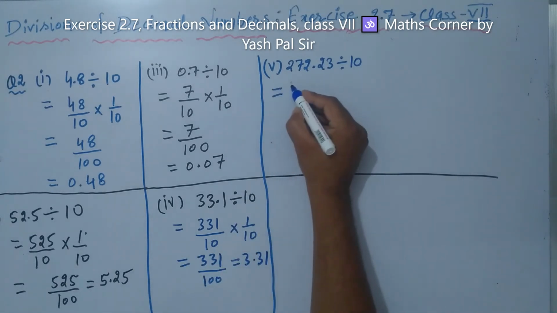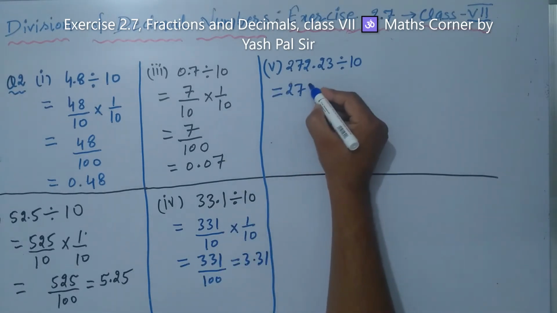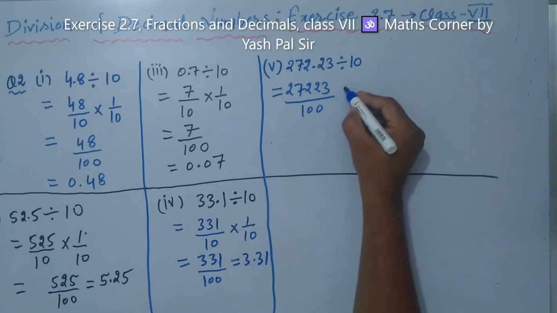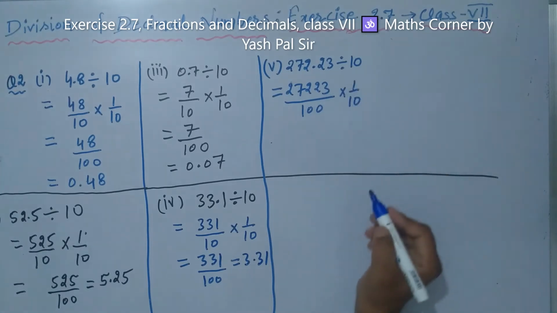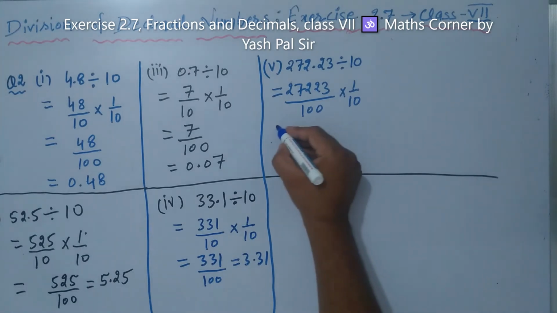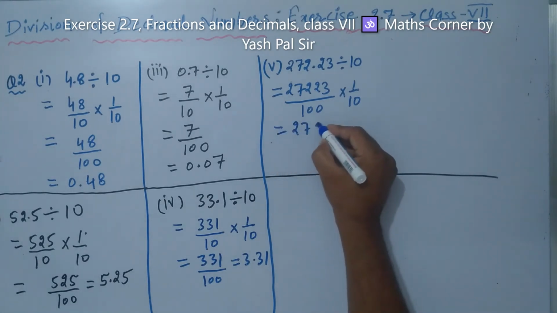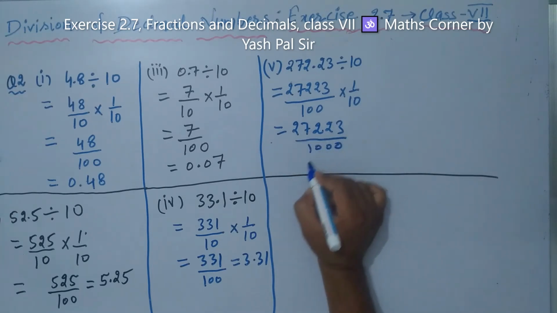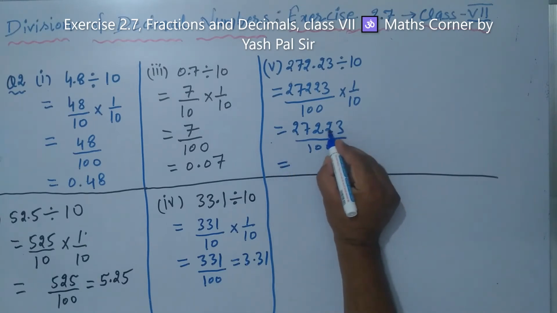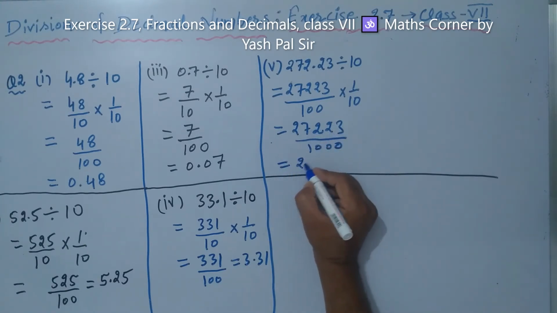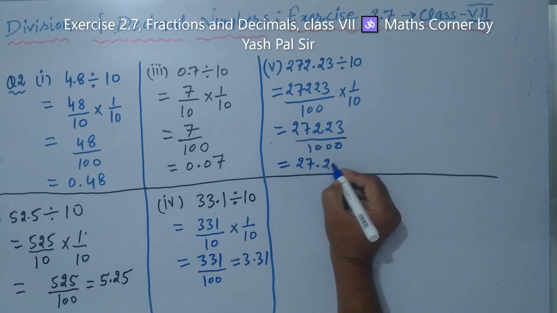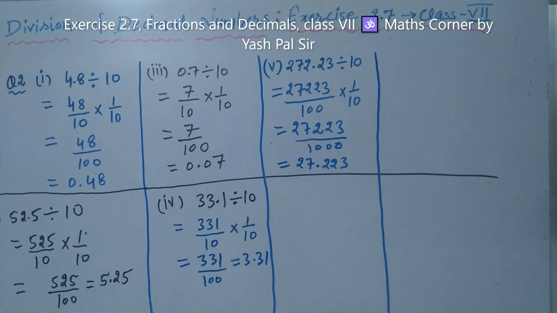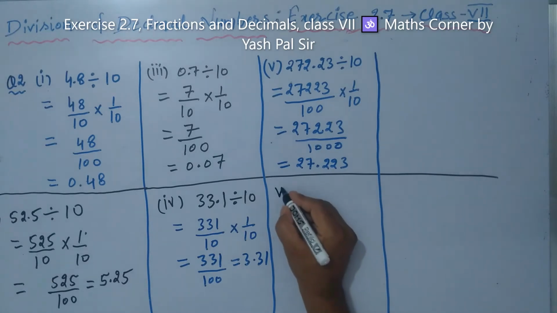This means 27,223 divide 100 into 1 upon 10. So this means 27,223 divide 1000. So which is equal to, after 3 places, after 3 digits, that is 27.223 is our answer.